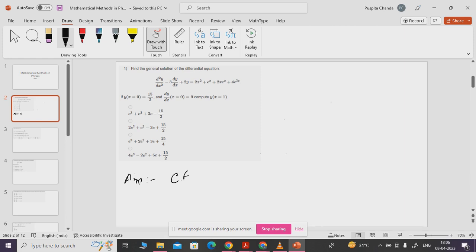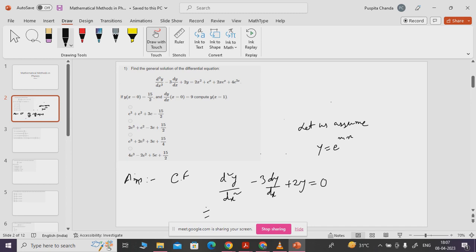For the complementary function, we need to solve the equation as a homogeneous equation: d2y/dx2 minus 3 dy/dx plus 2y is equal to 0. So let us assume y is equal to e to the power mx.